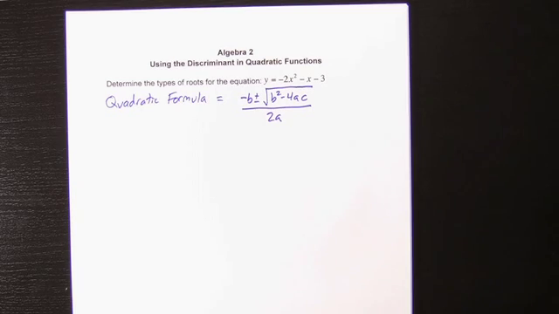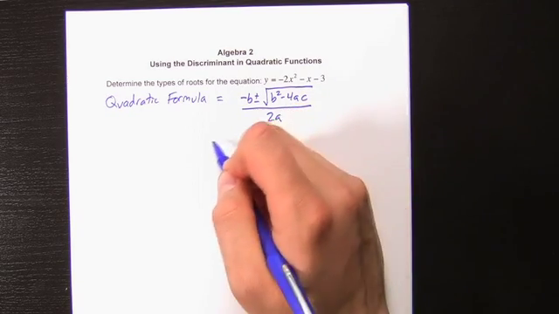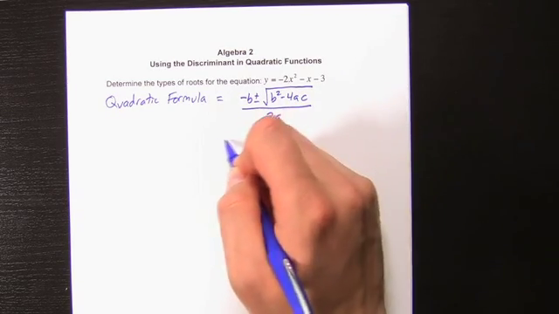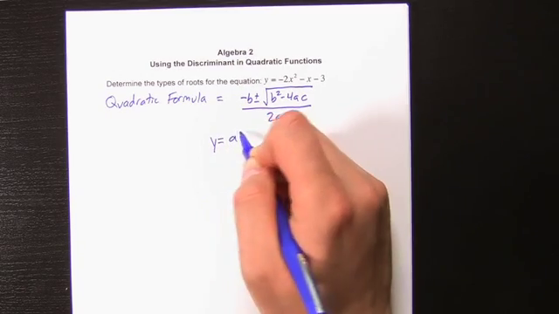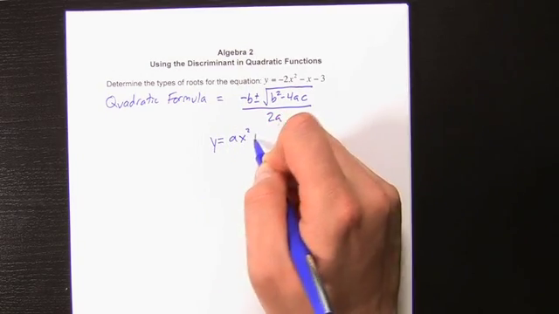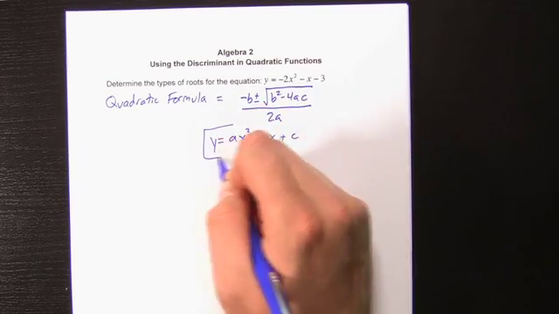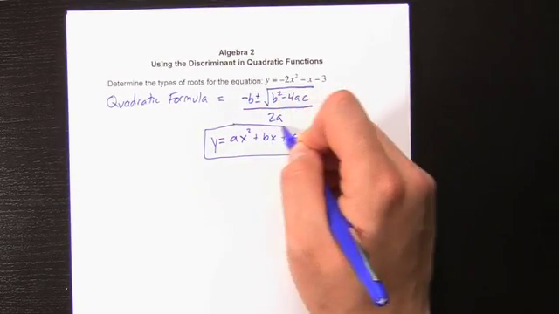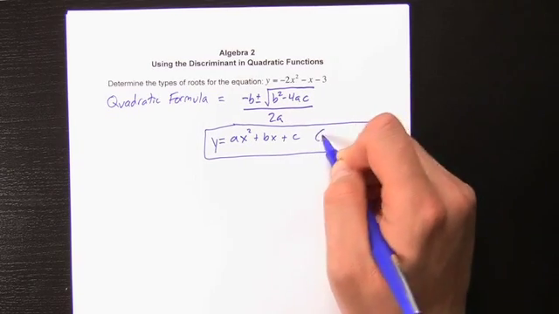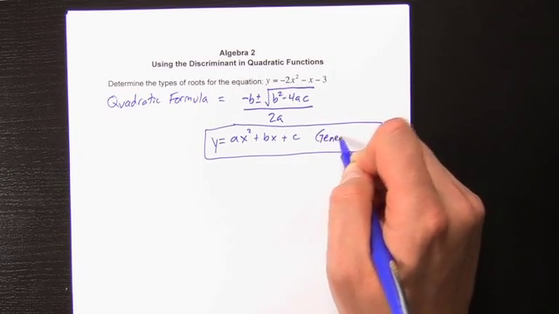That's the quadratic formula. And it works for quadratics that are in the form of y equals ax squared plus bx plus c. So this is what I would call the general form of a quadratic.